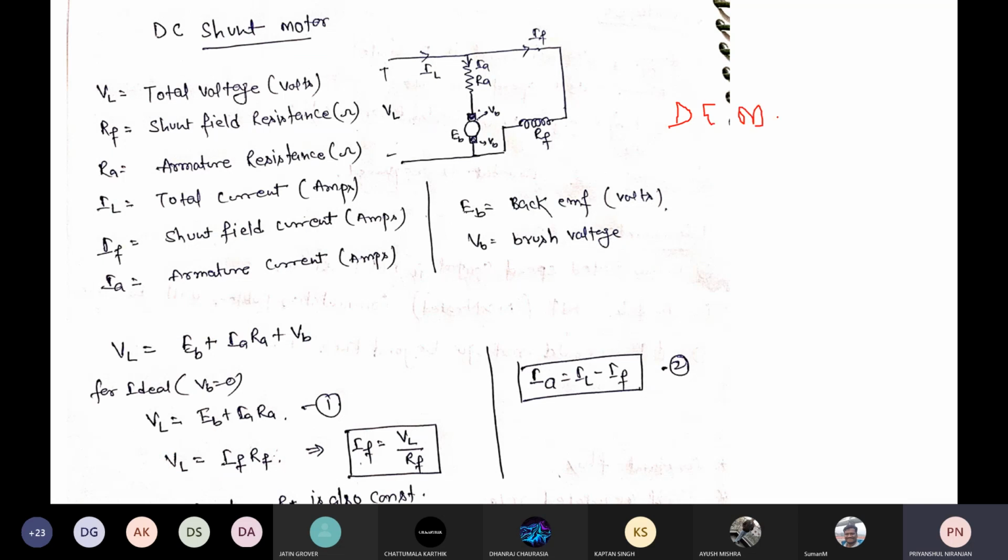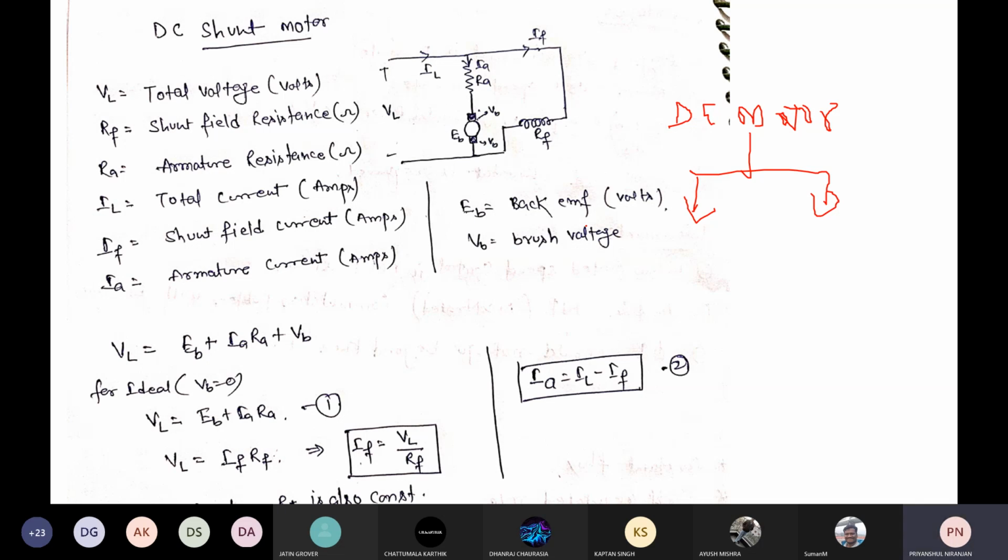So DC motor, basically in circuit form, is divided into three parts. First one is separately excited. Actually, before we discuss the motor, in DC machine, I am just giving a basic term.